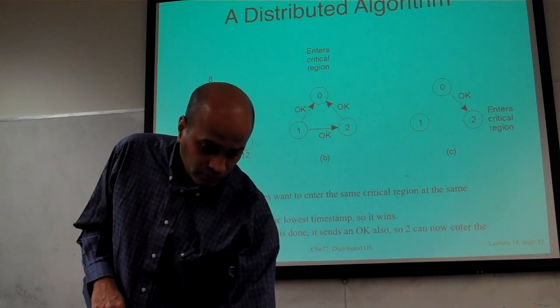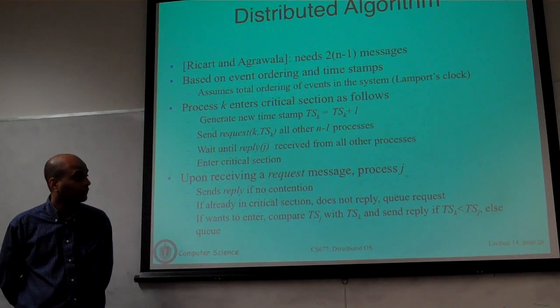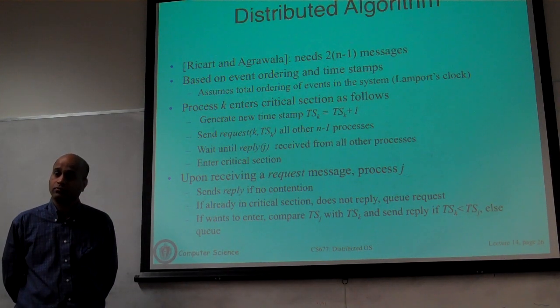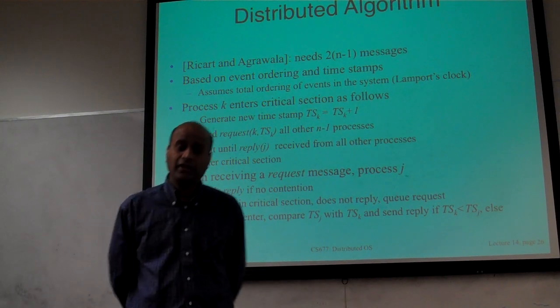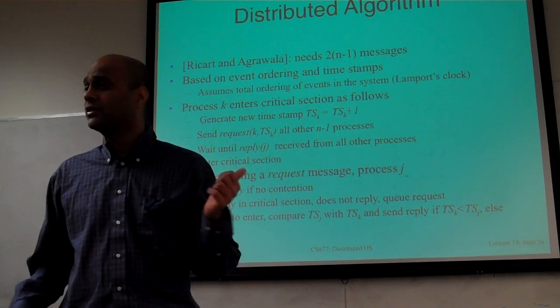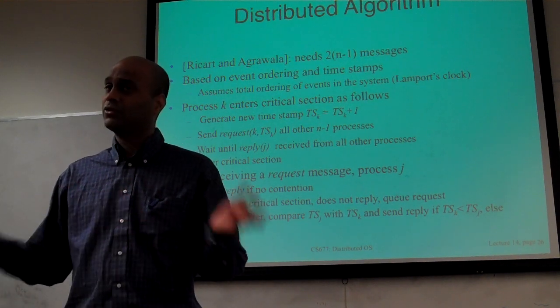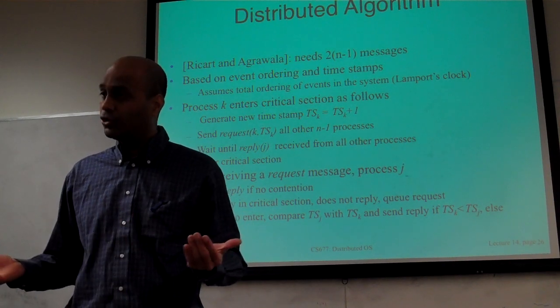So in this case, can TS and TK be concurrent? The question is, if TS and TK are concurrent, then you cannot say anything. In this case, because every message is actually sent to every other process, the events are not going to be concurrent.